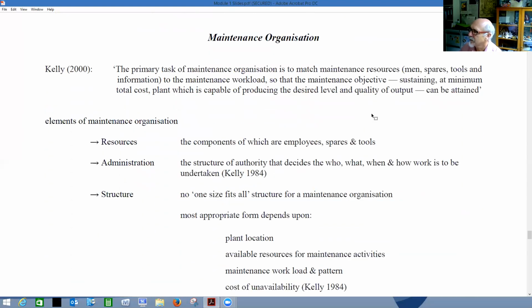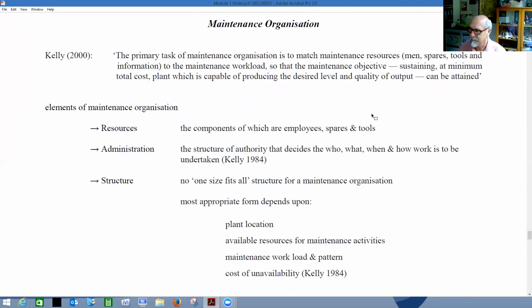So what about the maintenance organisation? Kelly talks about the primary task of the maintenance organisation as being to match maintenance resources, men, women, spares, tools and information, to the maintenance workload so that the maintenance objective, sustaining at minimum total cost the plant which is capable of producing the desired level and quality of output, can be obtained.